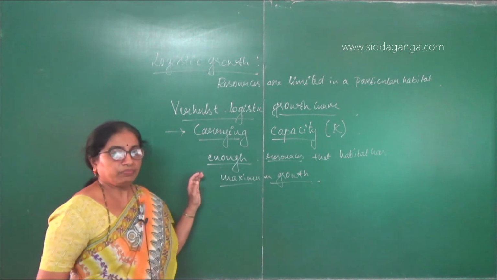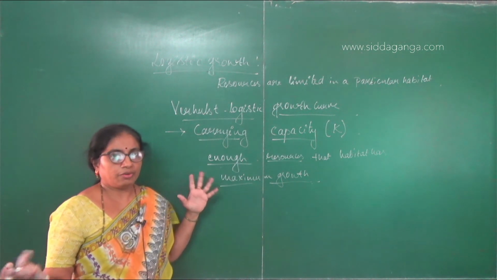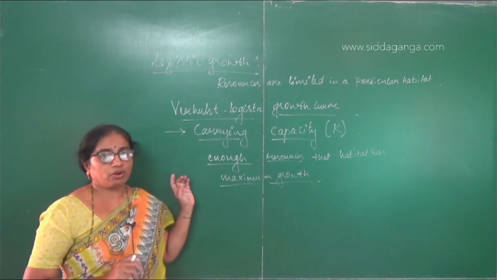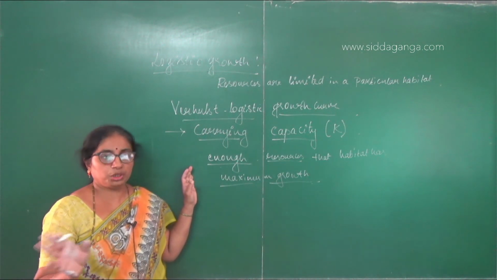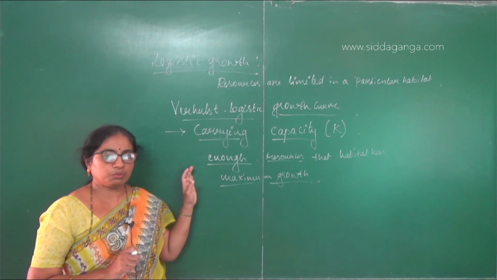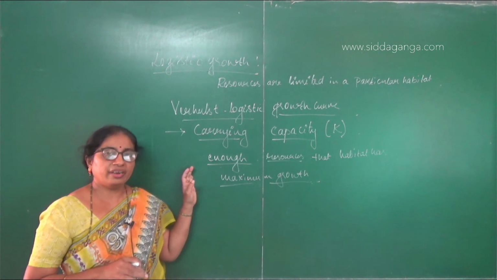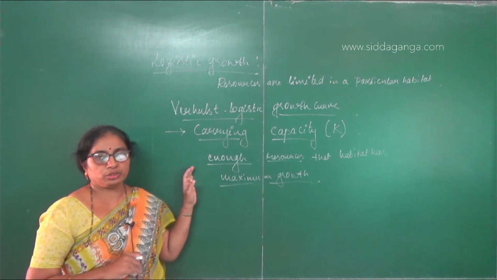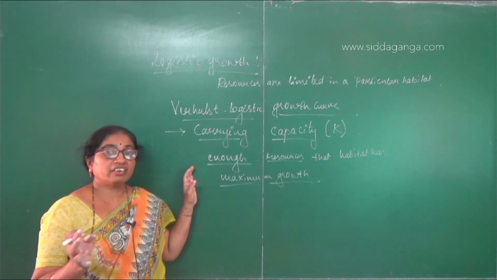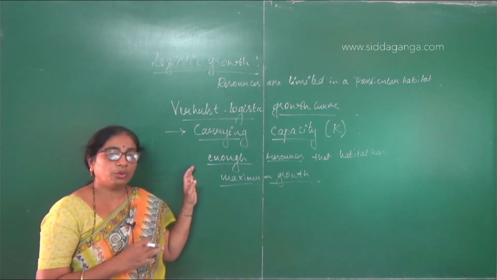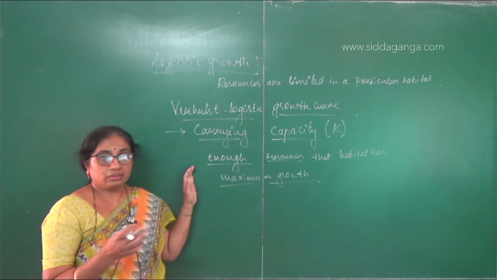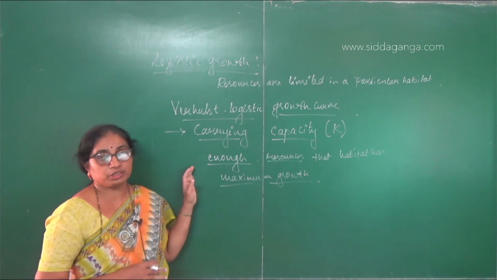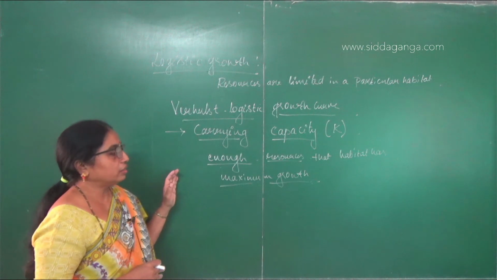For example, in a room the size of your classroom, you can accommodate a certain number of individuals. If it is a very small classroom, it can accommodate nearly 30 to 50 students. If more and more students are put in the same classroom, there will be severe competition to see the board, there might be mischievous activities, or there might be hindrance for other students to listen to the class.